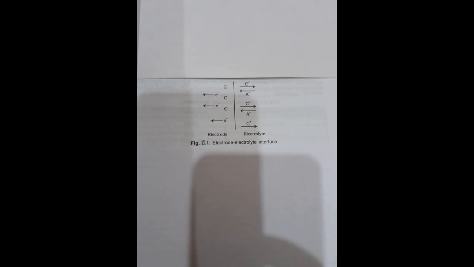In the electrode to electrolyte net current flow, the current consists of, number 1, electrons moving in a direction opposite to that of the current in the electrode; number 2, cations, that is C plus, moving in the same direction as the current; and third, anions, that is A minus, moving in the opposite direction of the current.